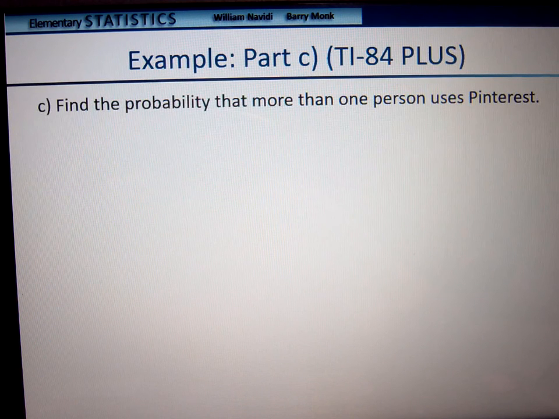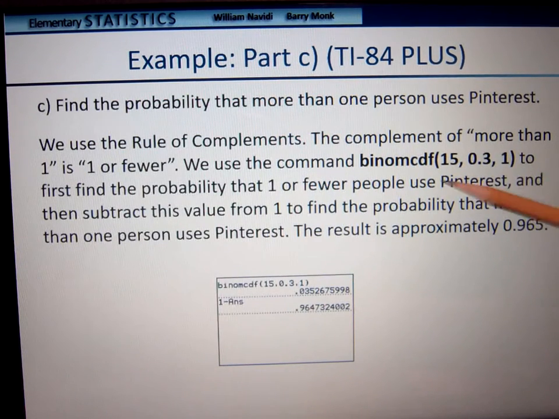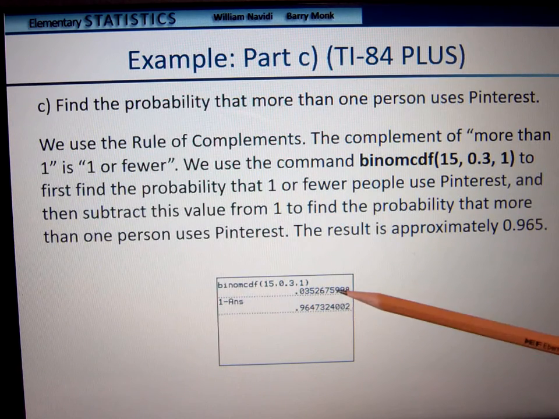More than one person using Pinterest, that would be 1 or fewer. So we're going to use the command for CDF to get our 1 value, because that'll take our 1 and our 0. And then when we get that answer, we're going to take 1 minus the answer to get our complement.